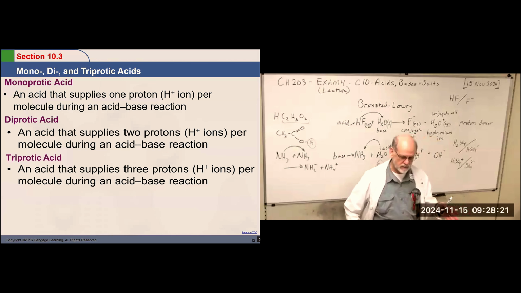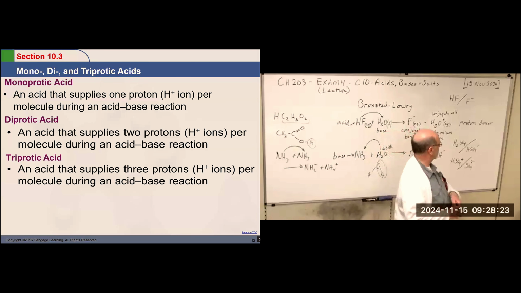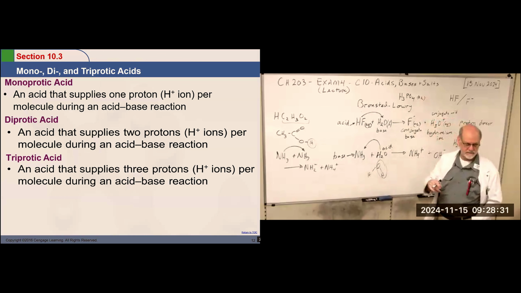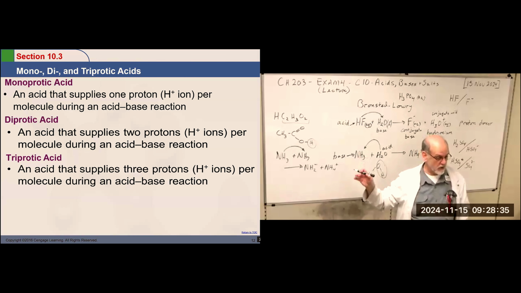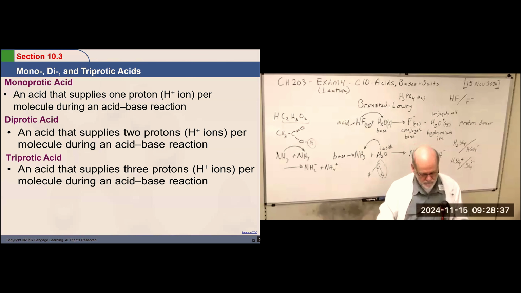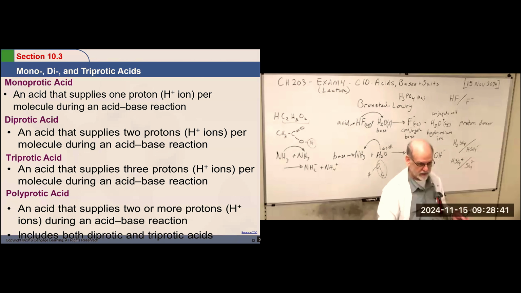Triprotic acid, the only one I can think of offhand is phosphoric acid, and it would go through three steps to get all those protons off. But if it has two or more, we can also call it polyprotic.